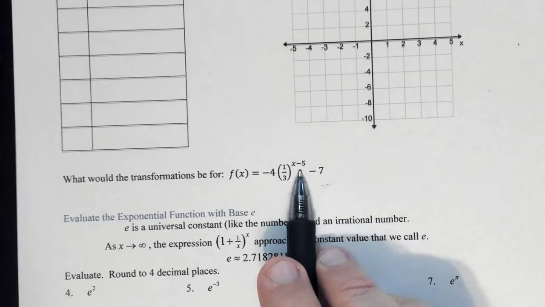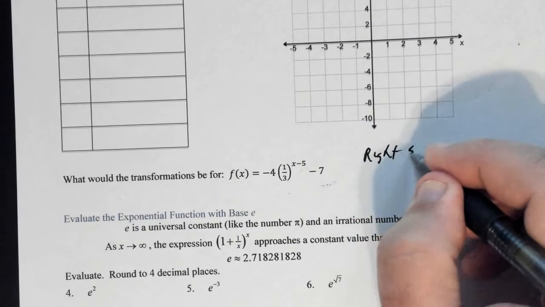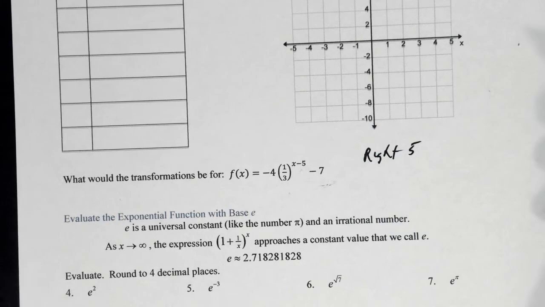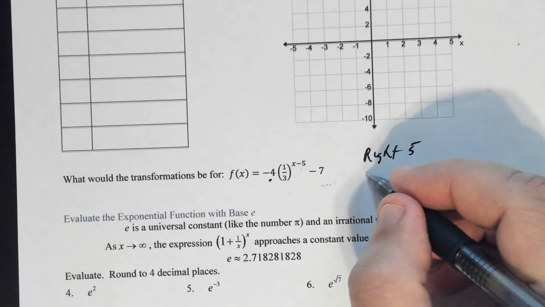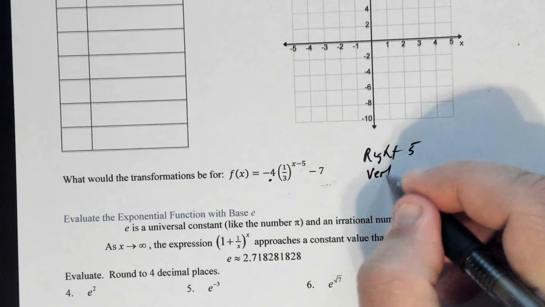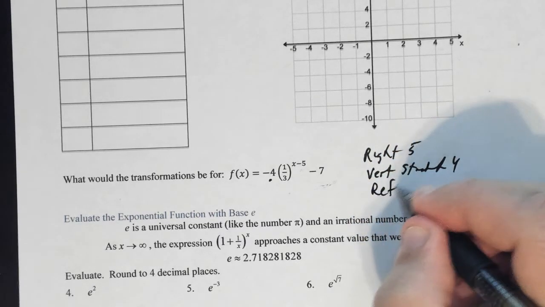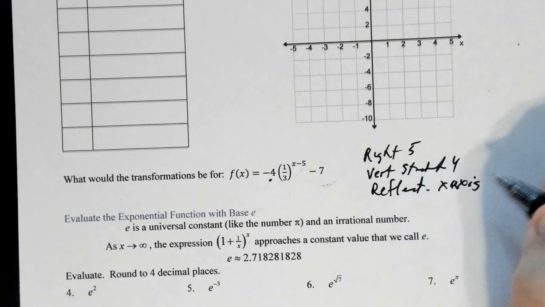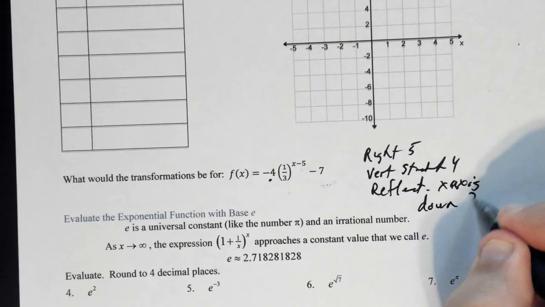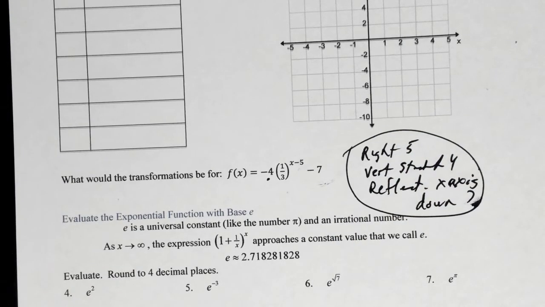Well, we're going to have that right 5 move, which by their rules, that's what you're supposed to do first. And then here is going to be a vertical stretch of 4 with a reflection over the x-axis, and then down 7. And those are the things we want you to be able to do on your pictures.